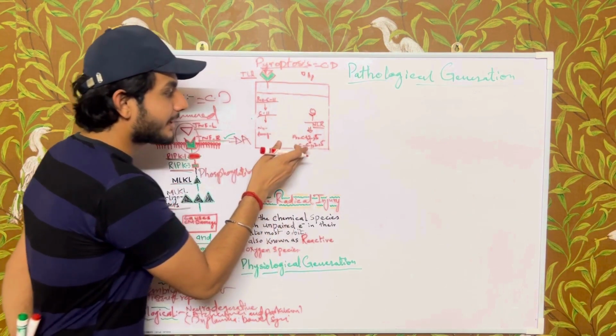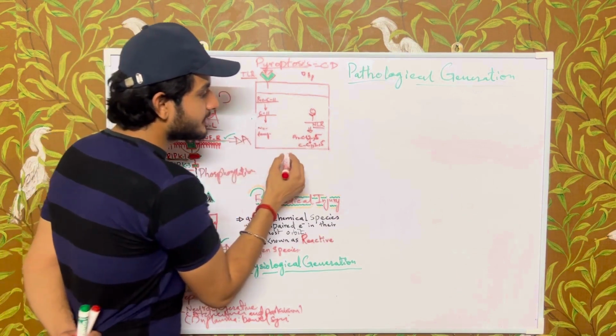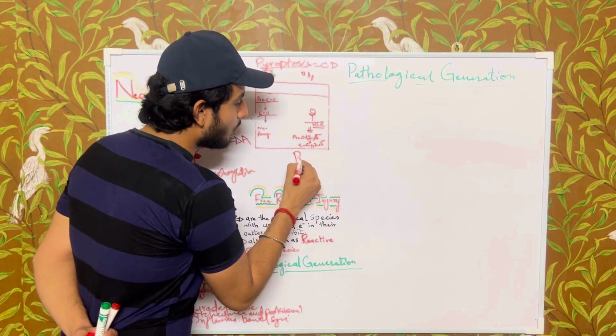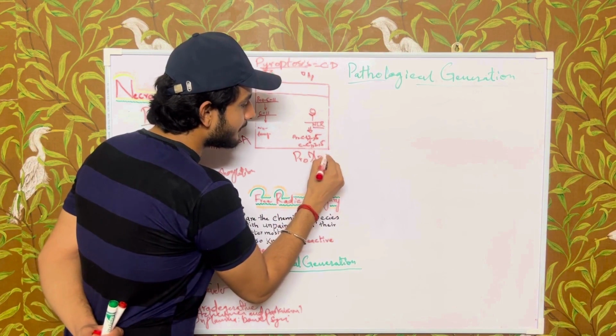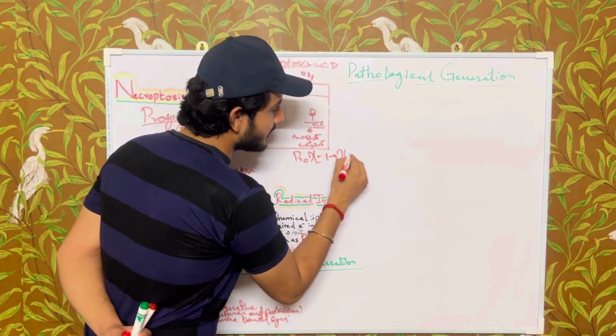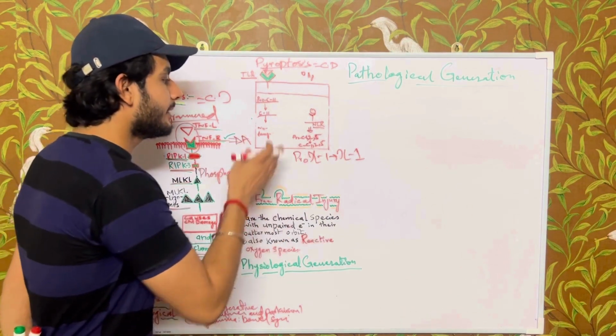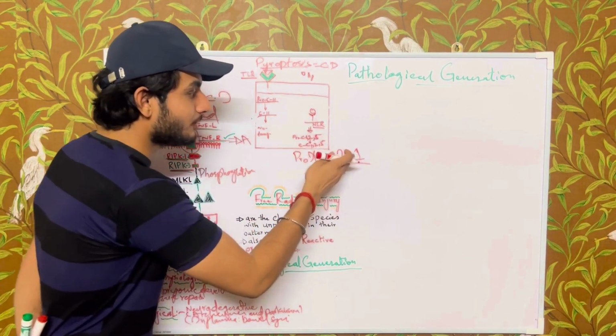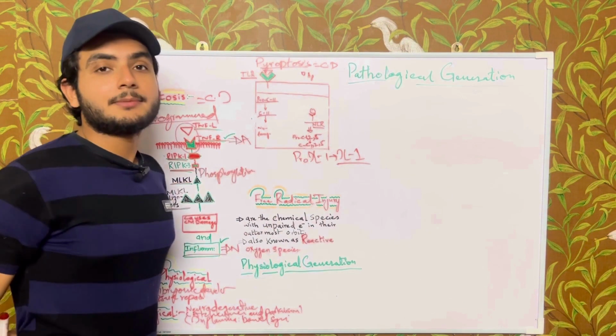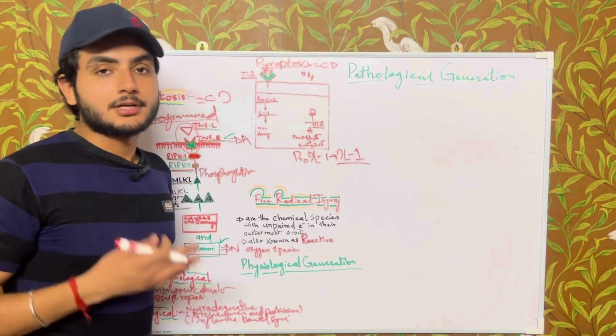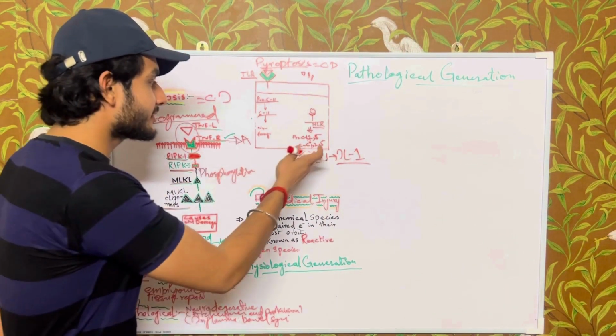These caspases further cause the activation of pro-interleukin 1 into interleukin 1. This interleukin 1 causes cell membrane damage. Also, this interleukin 1 within the hypothalamus causes fever. So it also triggers fever.